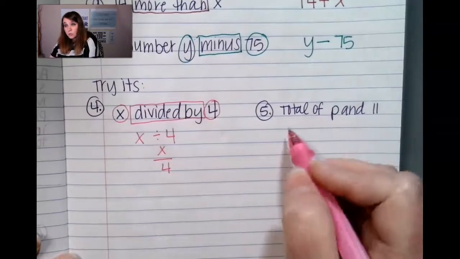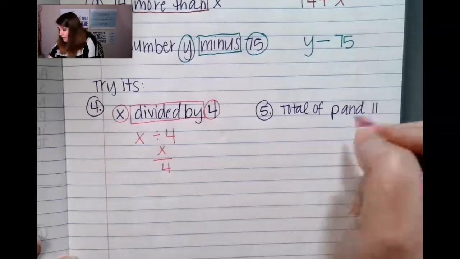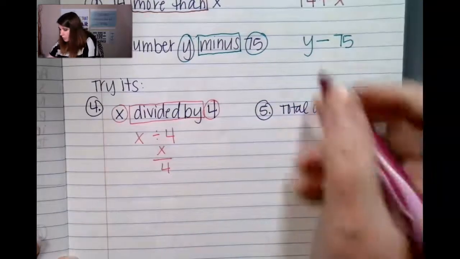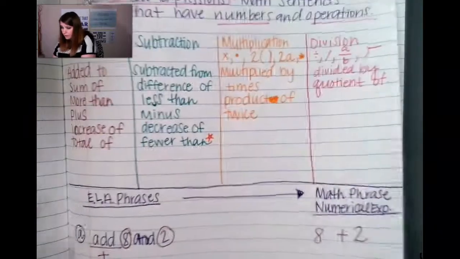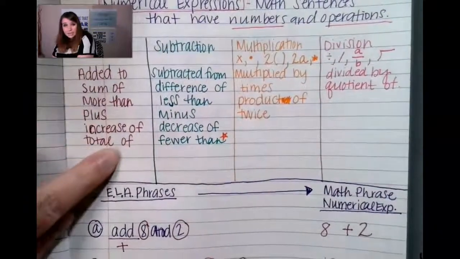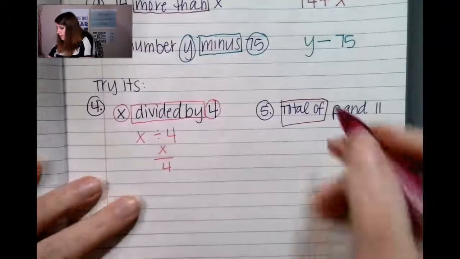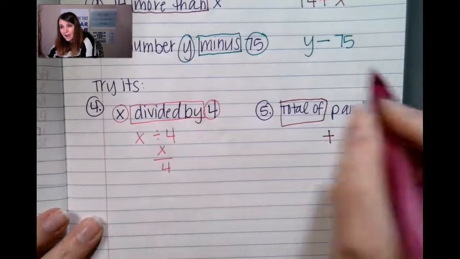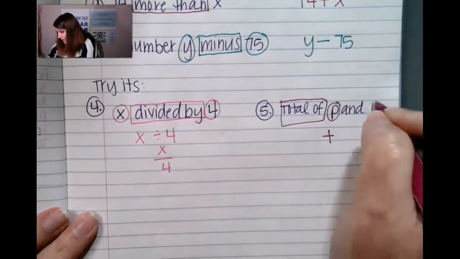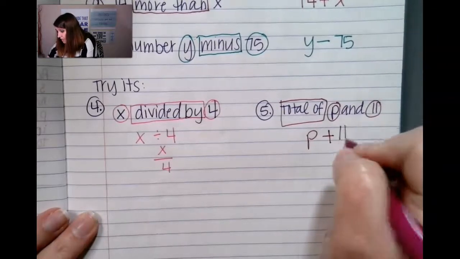Okay, total of P and 11. I know that total of, my clue word, is under addition. Whoa, turning the page too far. Okay, total of means to add. And I am adding P, and I'm also adding 11.